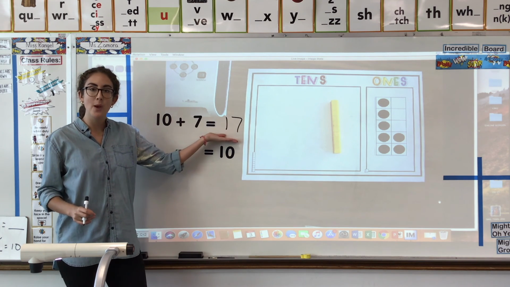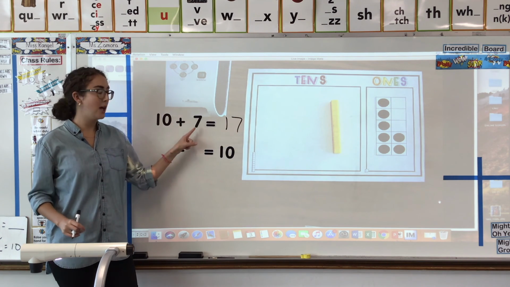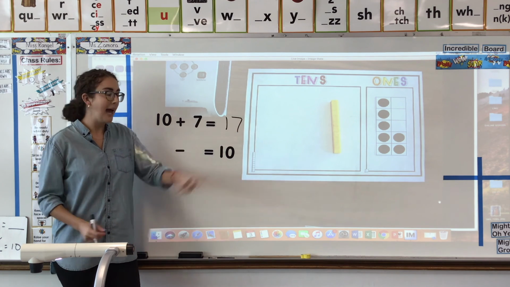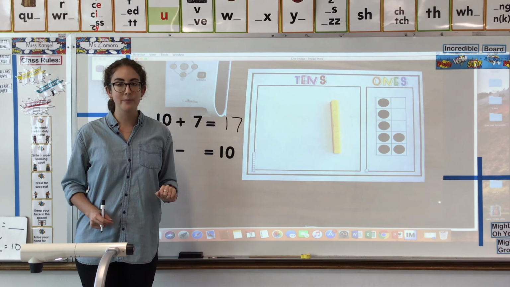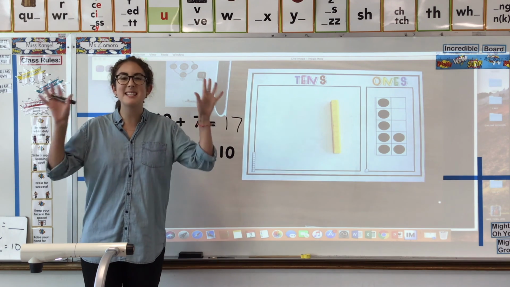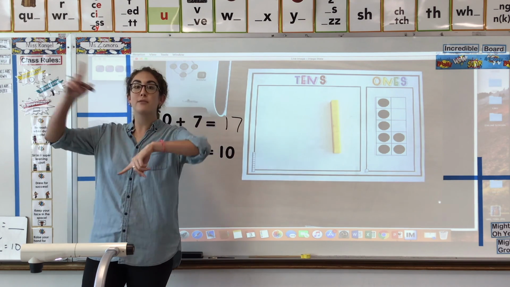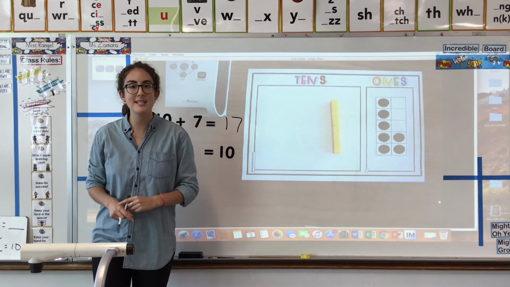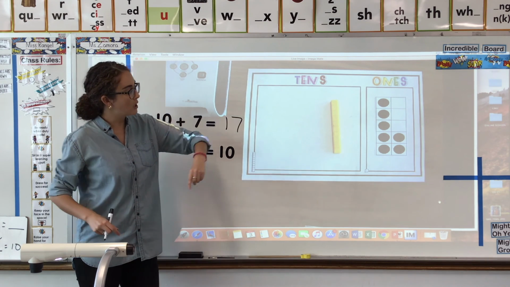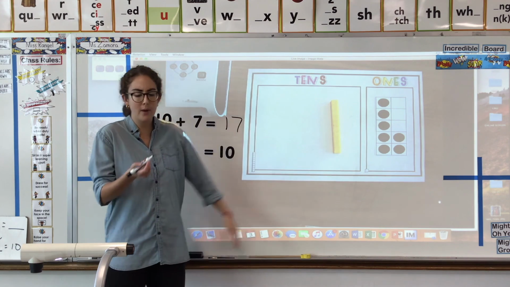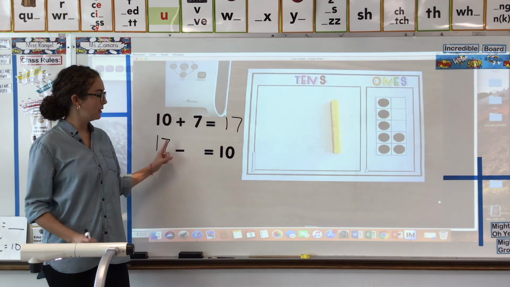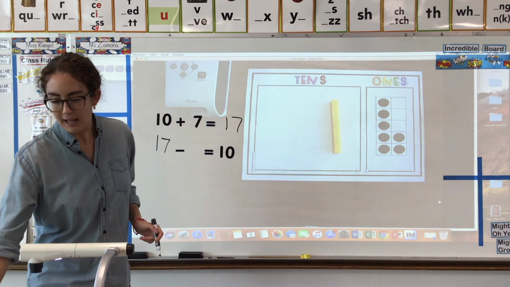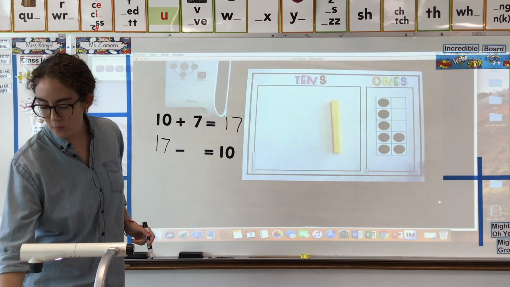In 17, there's the 1 ten and the 7 ones that we added together to get our answer. We just added a 10 to a single digit number, and we're able to figure that out using our place value knowledge. We can actually use this exact same knowledge and reverse the problem and solve a second equation. So, what if we start with what we already have? We have 17 on the board, as you can see. And what if I wanted to take away the ones?